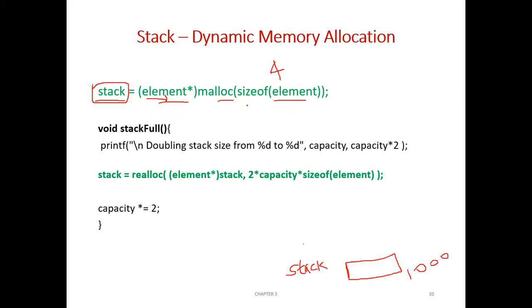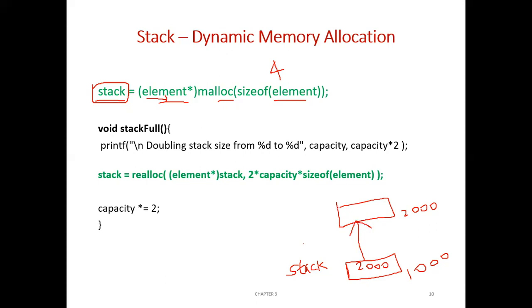Now when you do this malloc of sizeof element, 4 bytes of memory are allocated, which is of type element, and let us assume its starting address is 2000. This needs 4 bytes of memory. So that starting address, 2000, will be stored here. It means that stack is pointing here. So this is your stack.